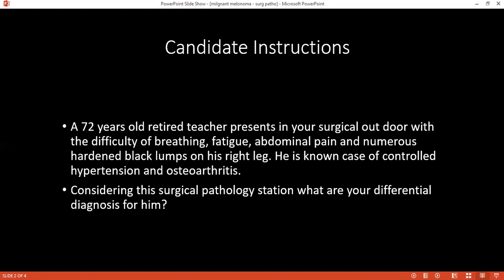Because if you're suspecting malignant melanoma, and you take the biopsy or do the excision, what do you expect to see in the histology report?